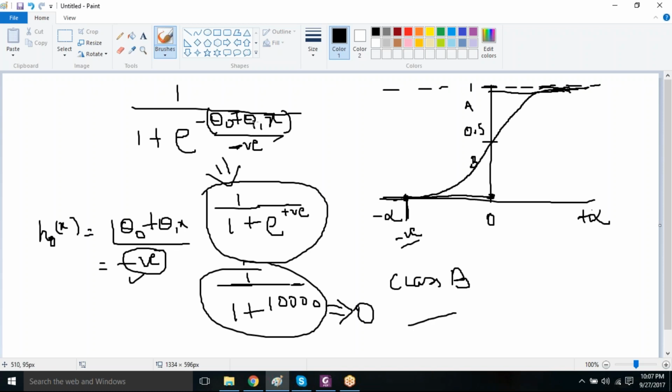So mathematically we have now seen how this function can help me do the classification.